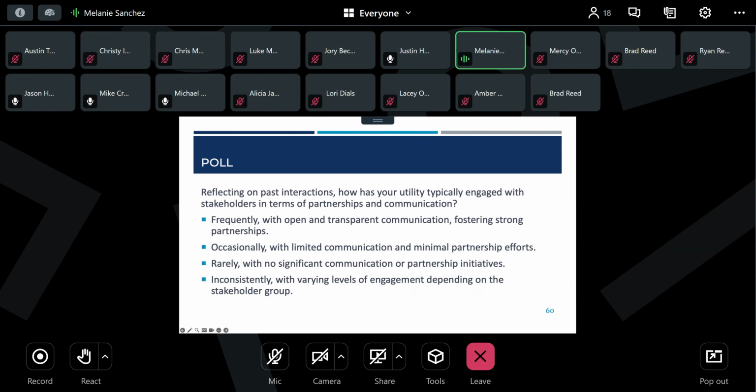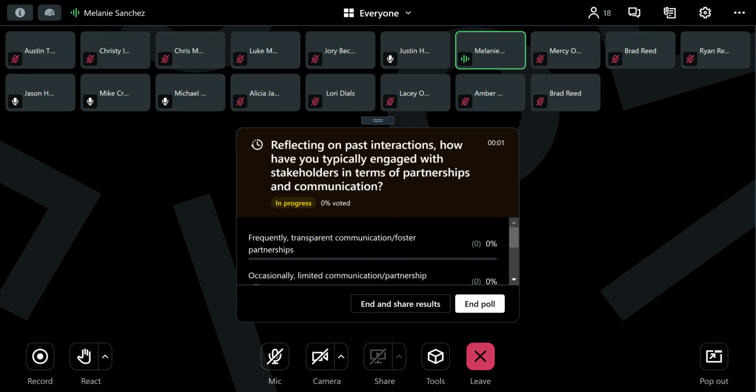So first, we're going to start with a poll again. All right, it's launched. So we want to see how has your utility typically engaged with stakeholders in terms of partnerships and communication. And if you've already voted that you're not a part of a utility, that is okay.